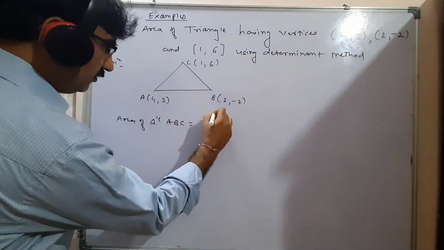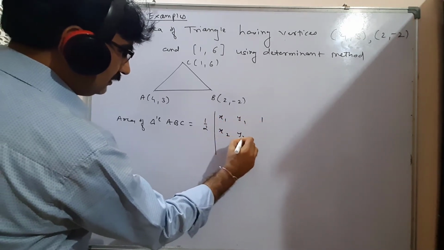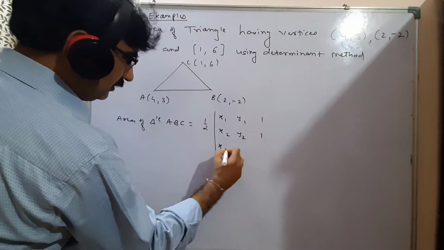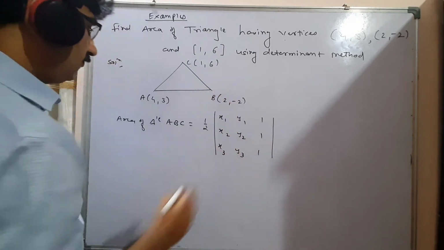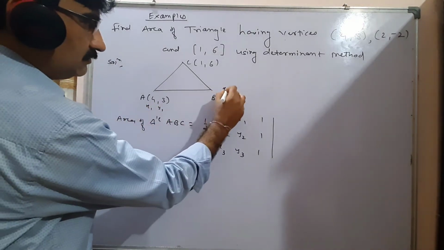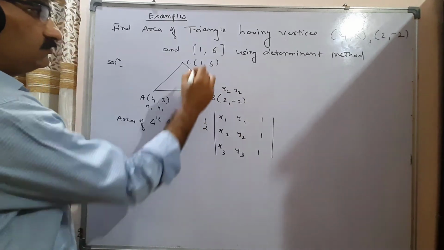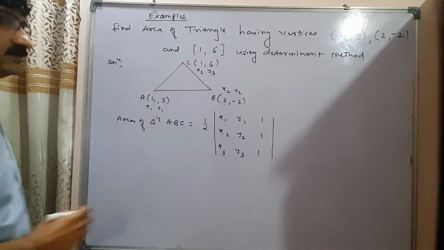So write down the formula, x1 y1 1, x2 y2 1, x3 y3 1. Now what is our x1 y1? Of course, this is x1 y1, this is x2 y2, this is x3 y3.